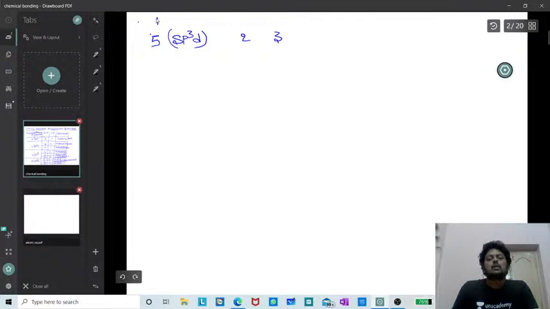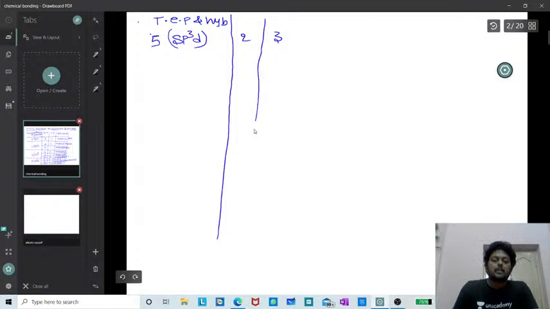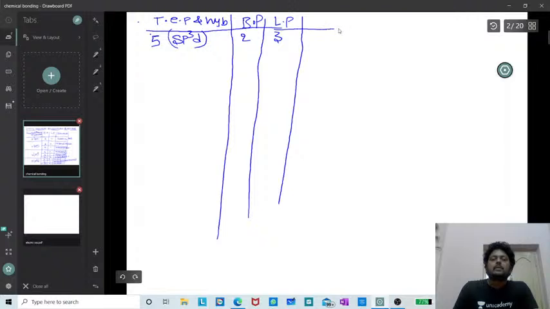The columns are total electron pairs and hybridization, bond pairs, lone pairs, and geometry or structure. So 2 bond pairs, 3 lone pairs means linear geometry.